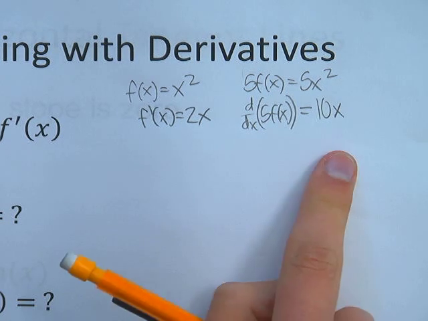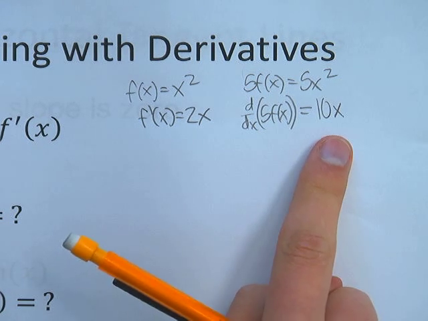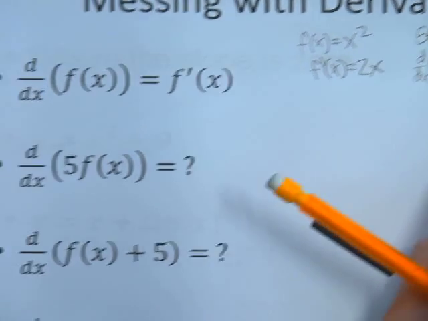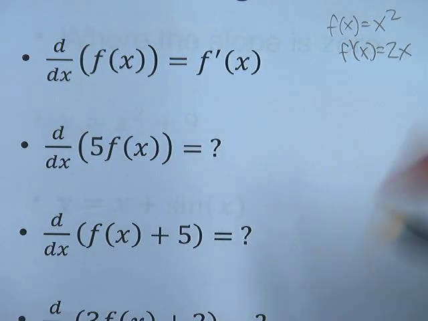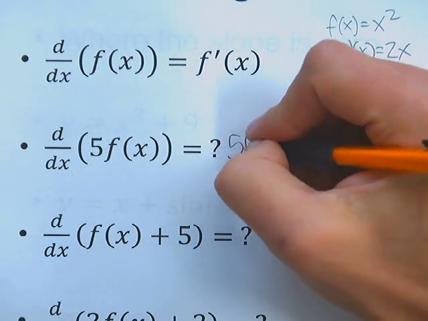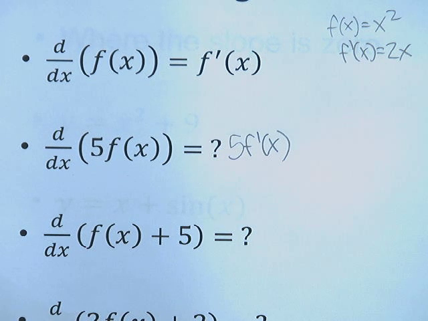And yeah, it's just times 5 to get from 2x to 10x. So the easy rule is that when we have 5 times f of x, the derivative is just 5 times the derivative of f of x. Hopefully it makes sense that that would be the answer.